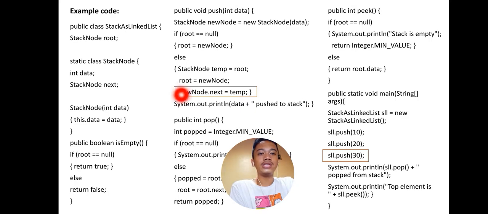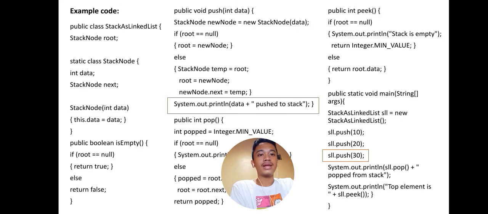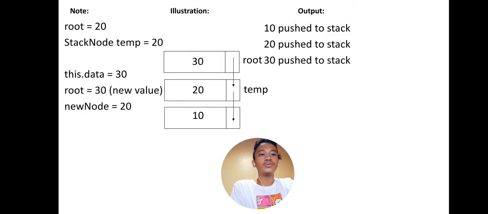So next is new node dot next is equal to temp. So this will point the root to the temp. Next, it will system out dot print, so that would be 30 push to stack.